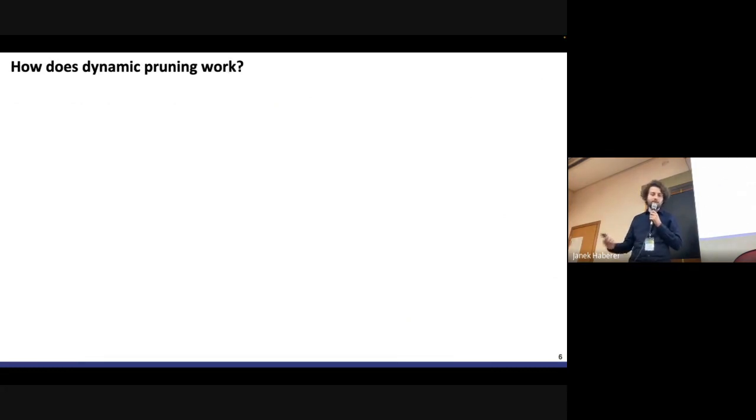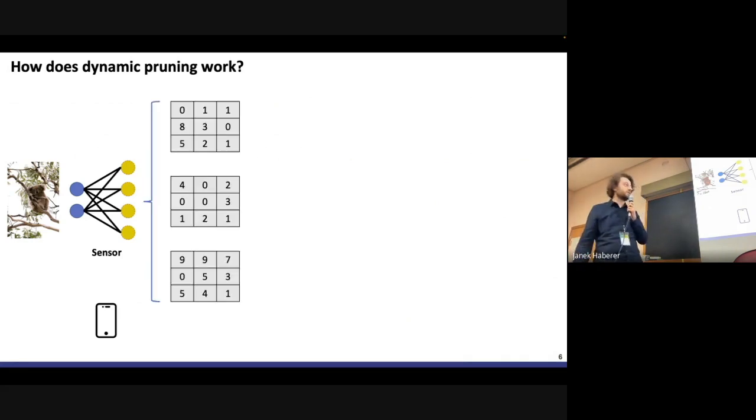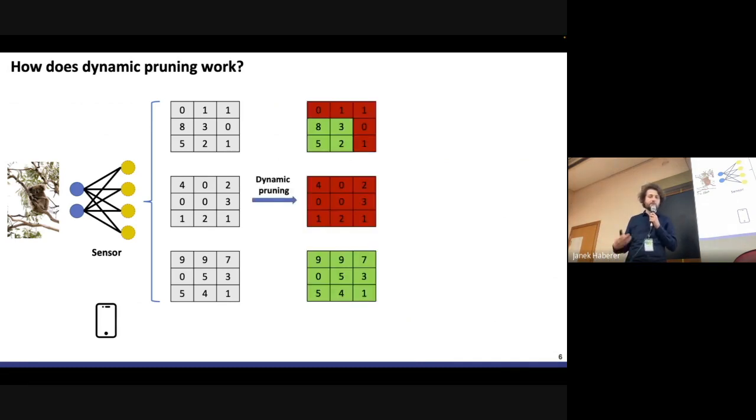So how does the system work? We have a sensor, we have the first part of the network, we get some input sensor data, and we do part of the inference. Now we have some intermediate activations. These are feature maps. And now we have our dynamic pruning step. Doesn't matter right now how this works exactly, it's simple, but I'll explain it later.